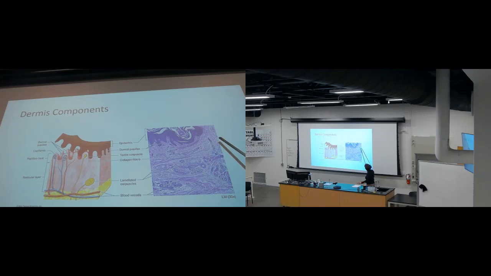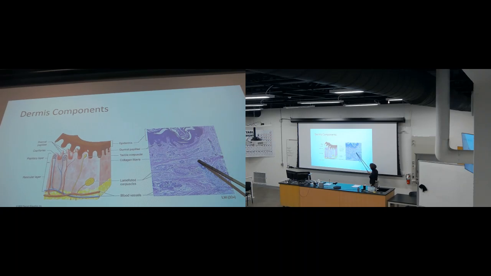So in this histological view, you can see these papillae, and then the fibers of this papillary layer, which is loose connective tissue. So these are collagen fibers, elastic fibers.